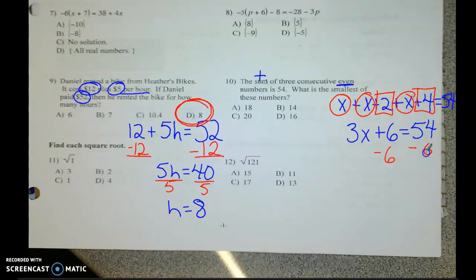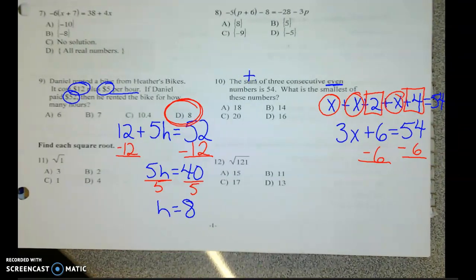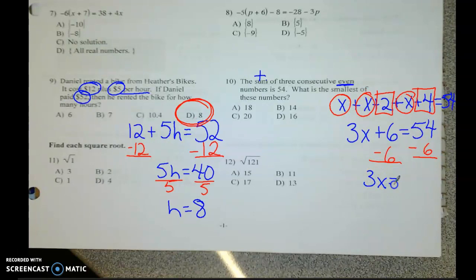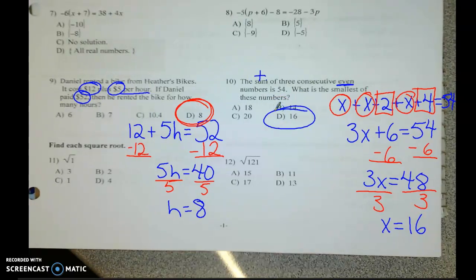Minus 6, minus 6. It's going to leave us with 3x equals 48. Divide by 3, divide by 3. That's going to leave us with x equals 16. So the smallest of the numbers was 16.